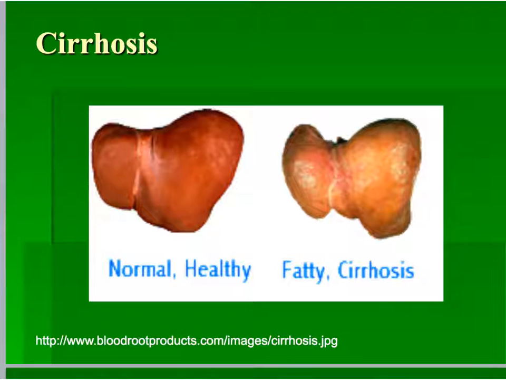Sometimes they may have bleeding varices because of portal hypertension. So the liver changes in size and appearance. It loses its normal lobular architecture. It looks very fibrous and nodular. It shrinks, and there's obstruction of biliary channels, etc.